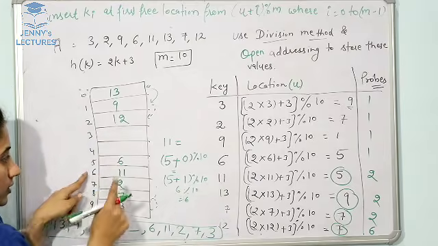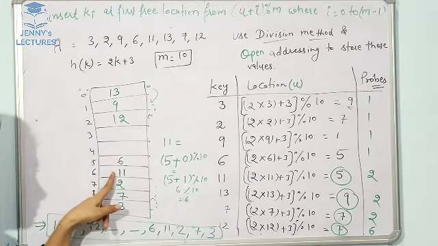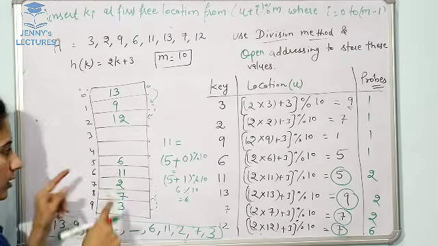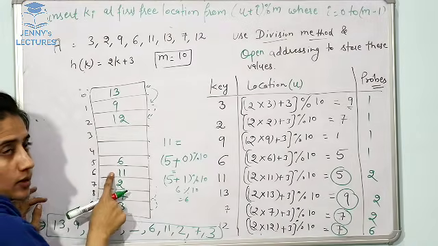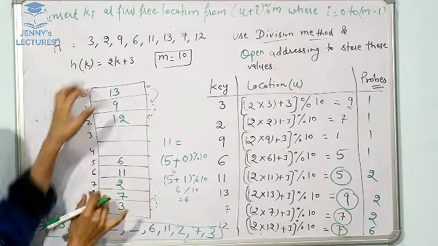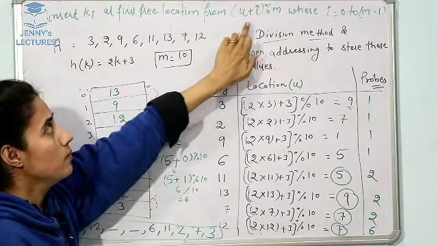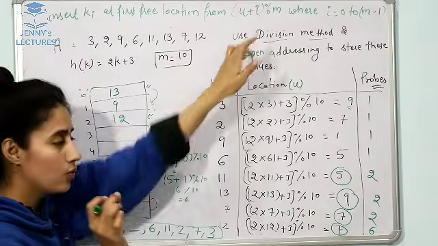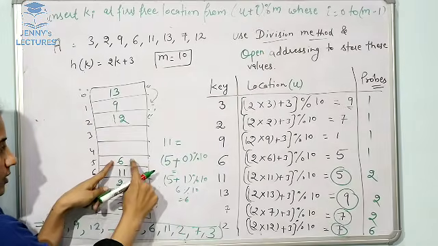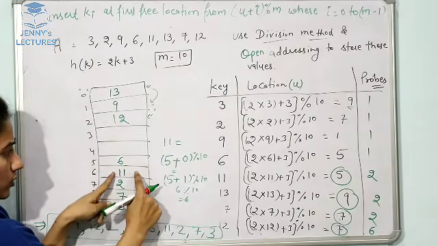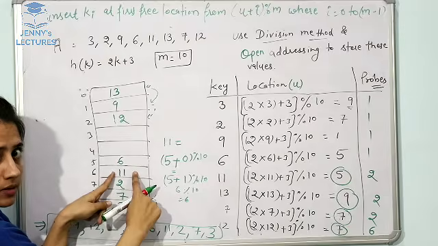Find out the 6th place. Where did we insert? On the 6th, because 6th was free. So here we have inserted this 11. So this is the same definition: insert ki at the first free location from this one. From here the very first free location was this one, 6th.